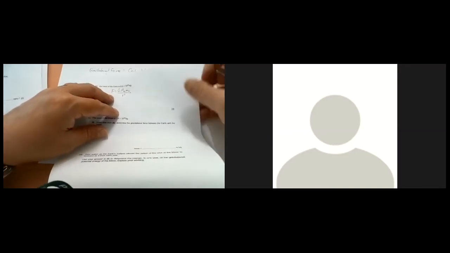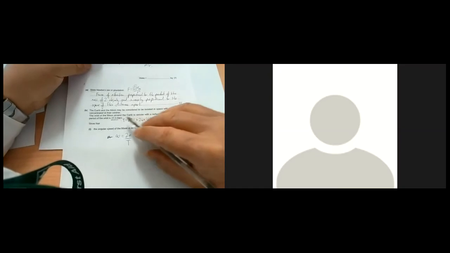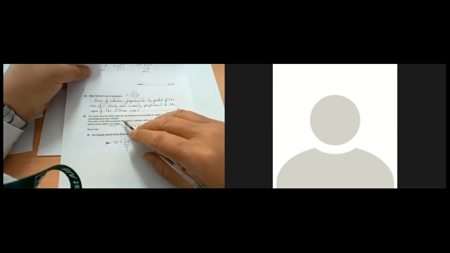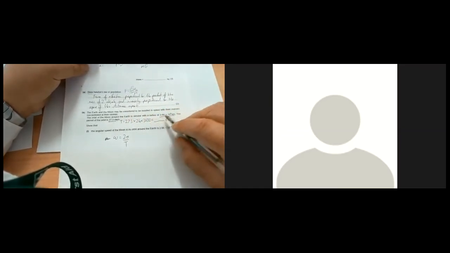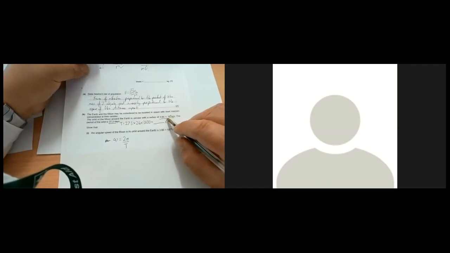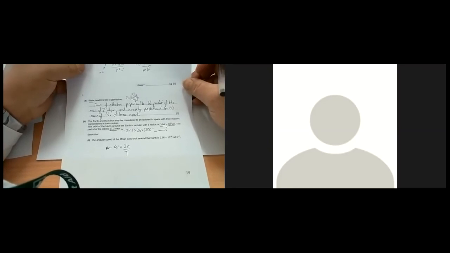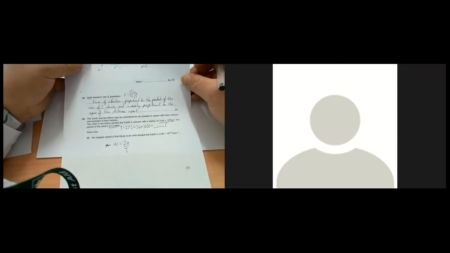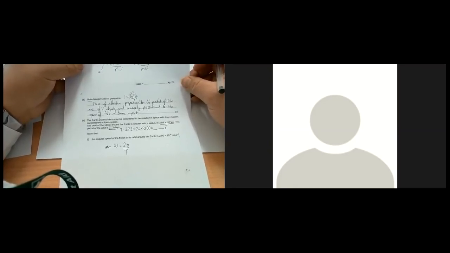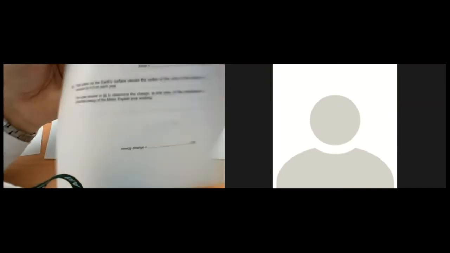Are we given the mass of the Moon? We're given the distance, we're given the angular speed, and are we given the mass of the Moon? No, we're not. So what have we got to do instead?